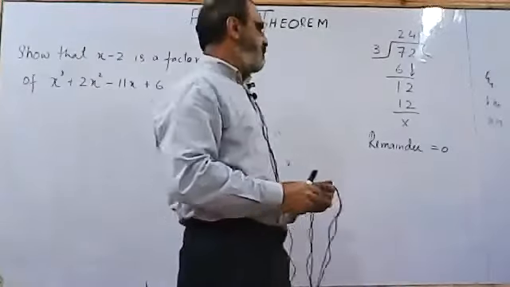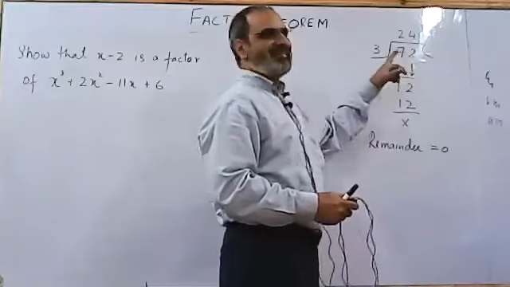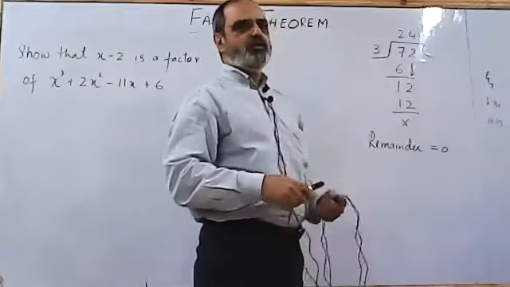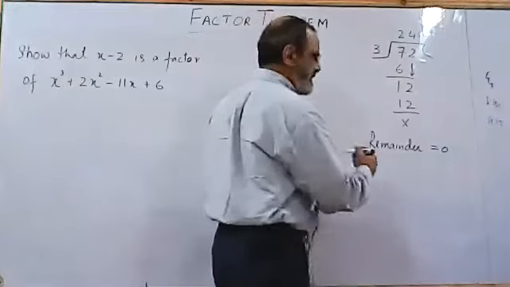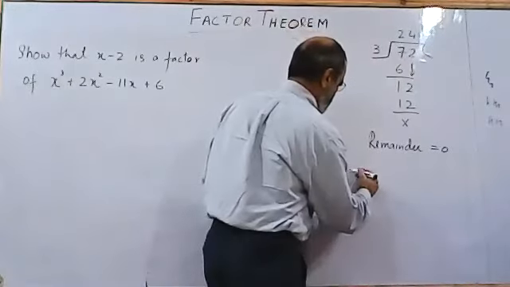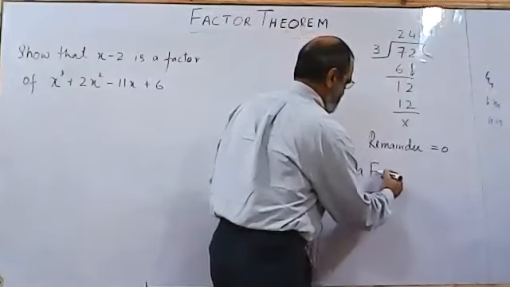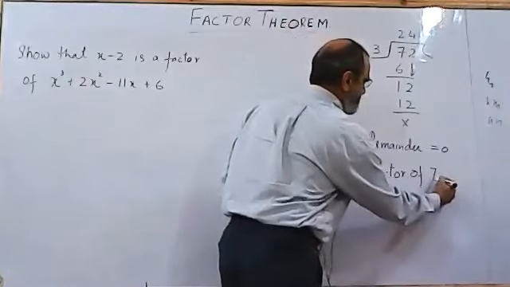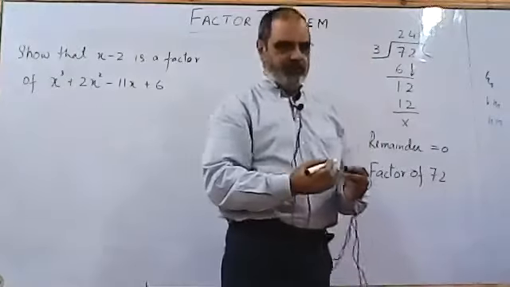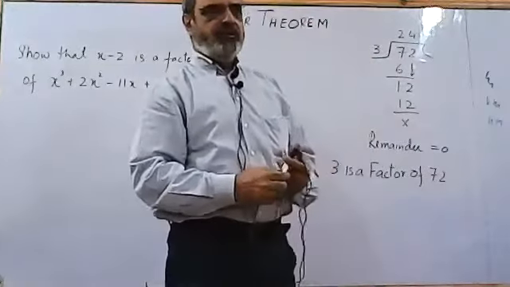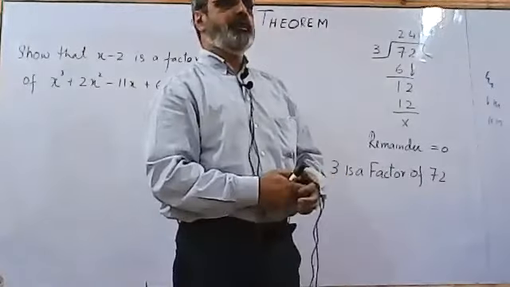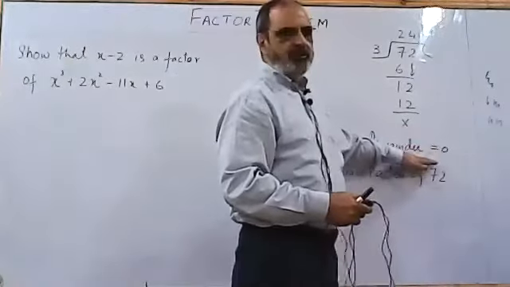Why is the remainder 0? Because 72 is exactly divisible by 3. Or in other words, you can say that 3 is a factor of 72. So if 3 is a factor of 72, then the remainder will come out to be 0.